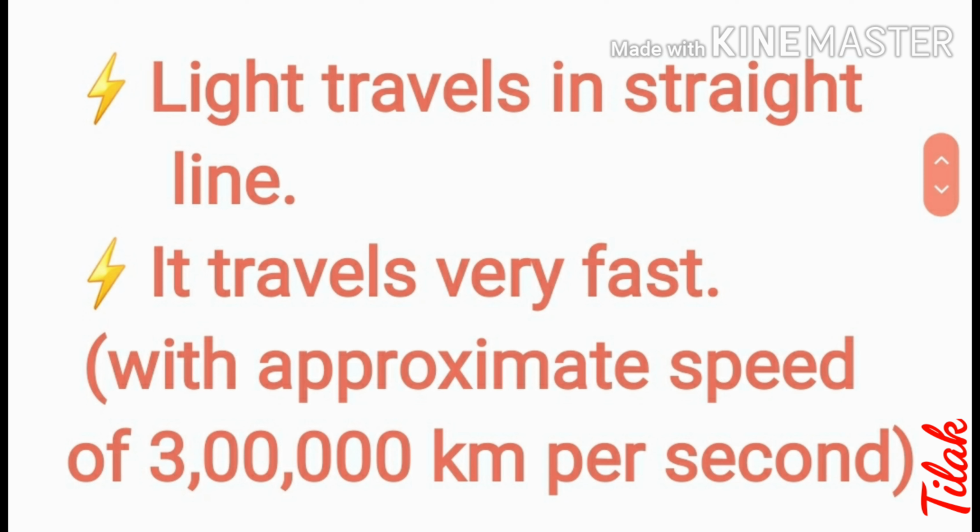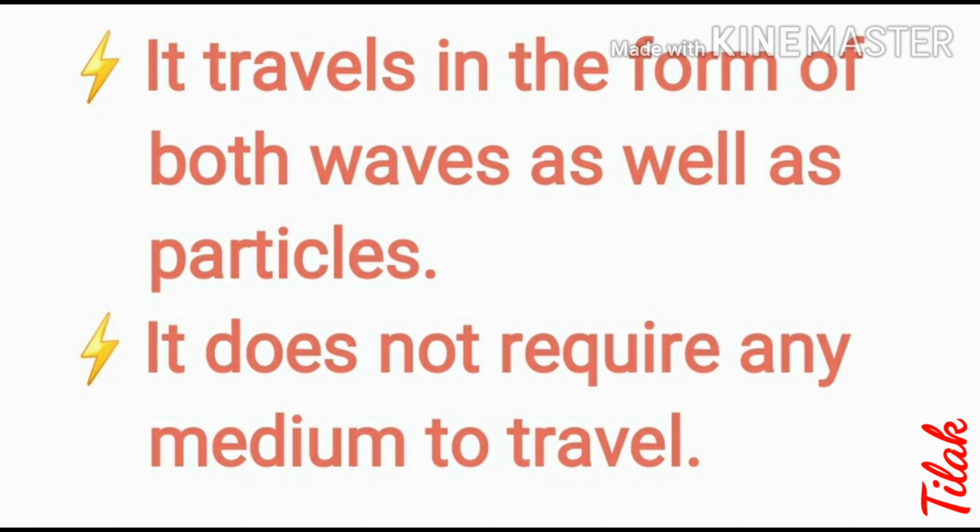So children, let's discuss the properties of light. Light travels in a straight line, about which I will explain later in this video, and it travels very fast with an approximate speed of 3 lakh kilometers per second, and it takes approximately 8 minutes to reach the surface of the earth.